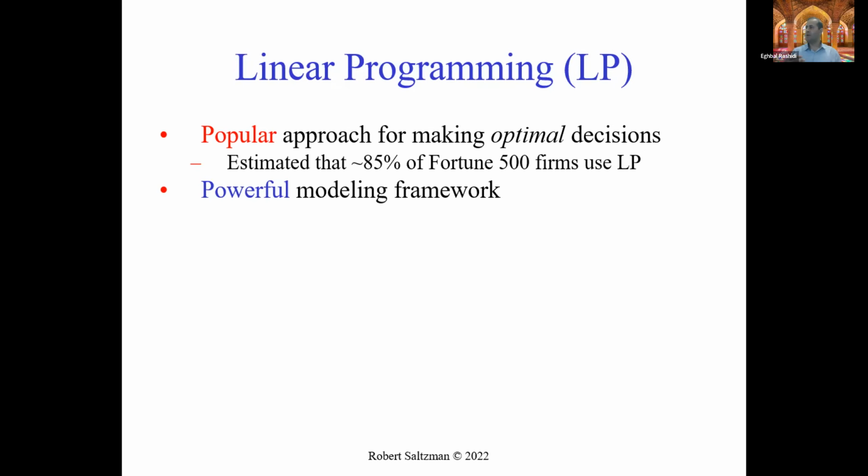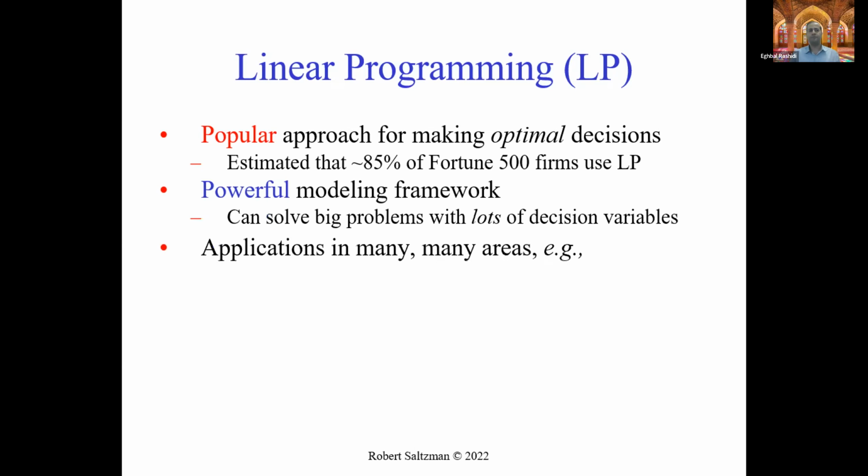You can easily solve very large problems with millions of variables and hundreds of thousands of constraints. So you can solve to optimality very large problems using the linear programming model.